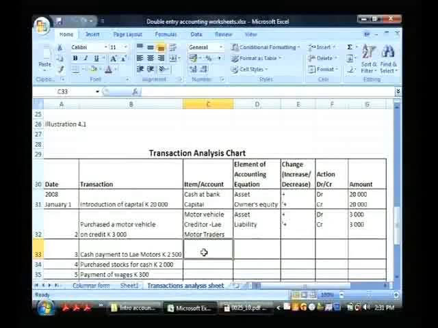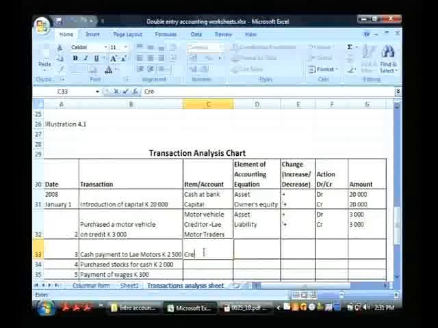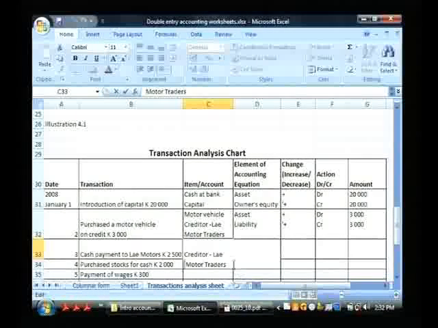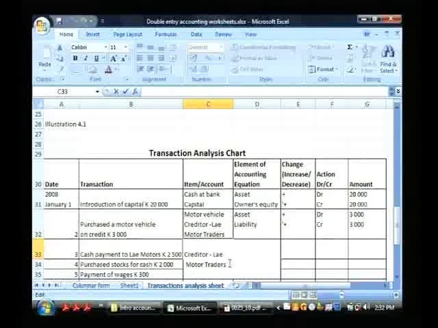Now on third, cash payment to Lay Motors. Therefore, creditor, the payment to creditor, Lay Motor Traders, and cash at bank account.